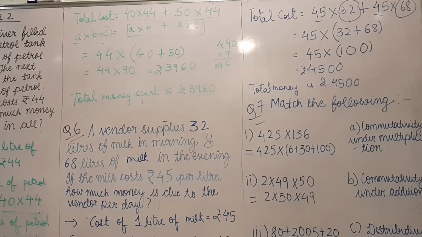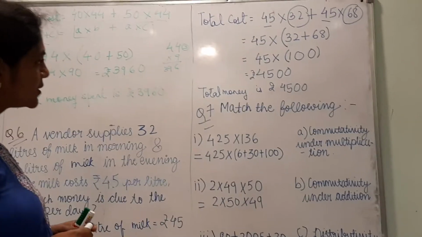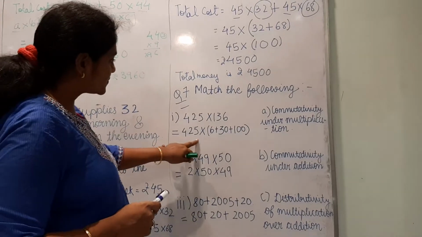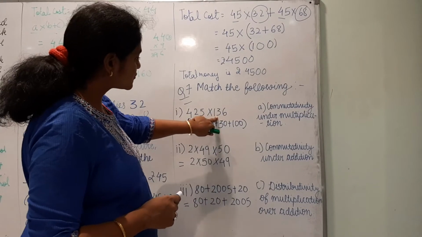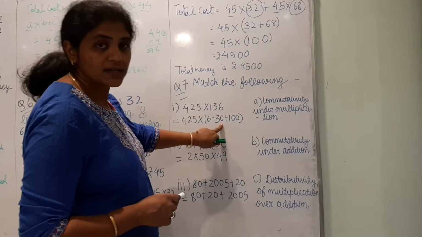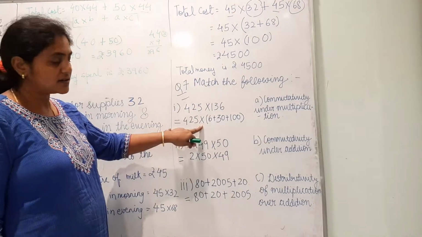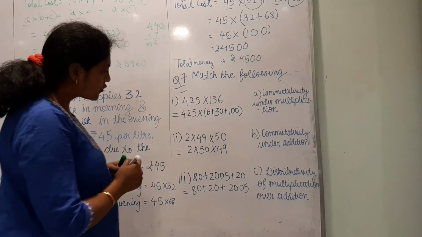Okay, now the seventh is just this one, match the following according to the properties. Here they have split 6 plus 30 plus 100 with a multiplication sign, so it is distributive property of multiplication over addition.